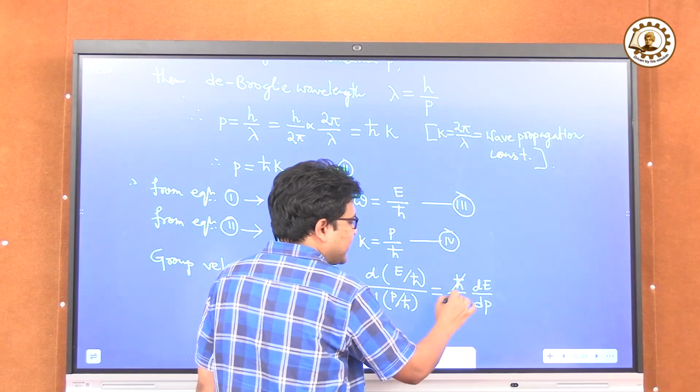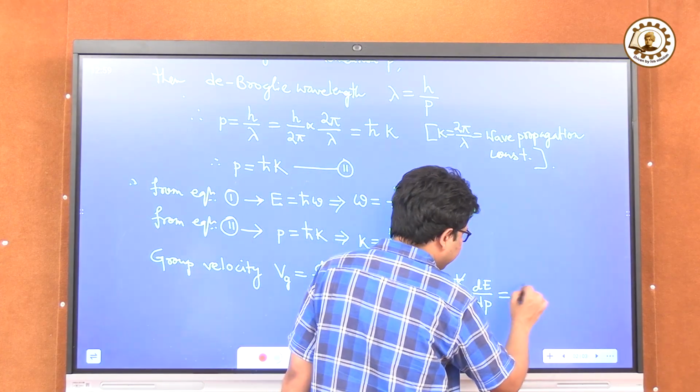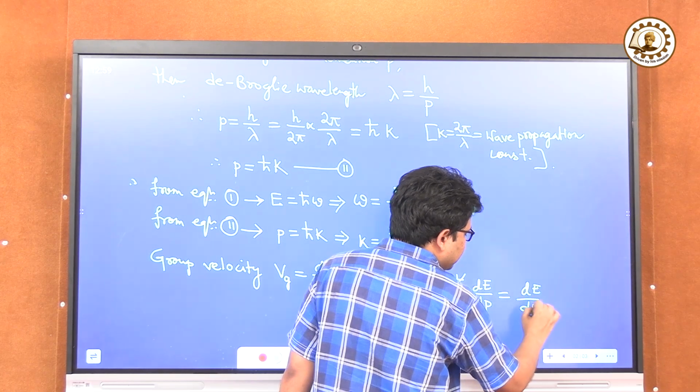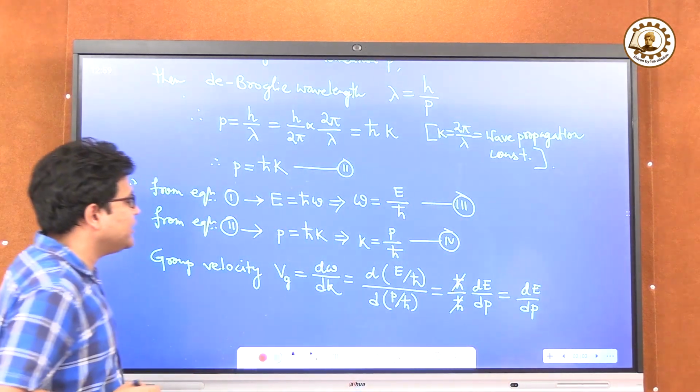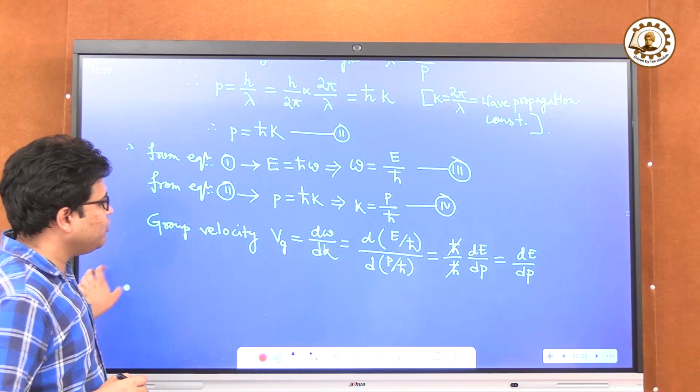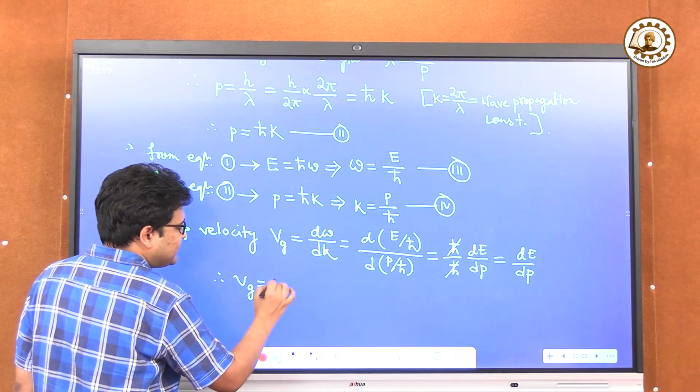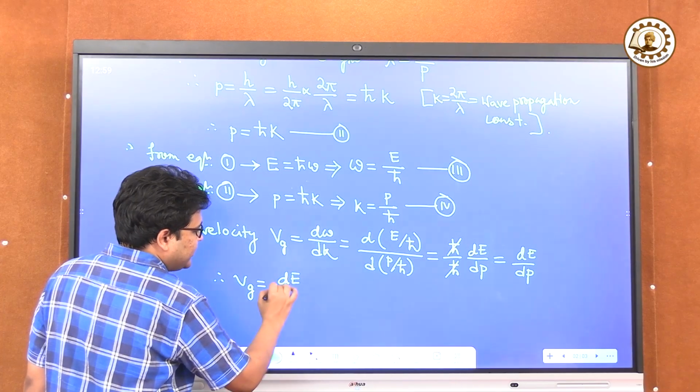So h cut cancels out. As a result, we have dE by dp. So we have an alternate definition for group velocity: group velocity Vg can also be represented as dE by dp.